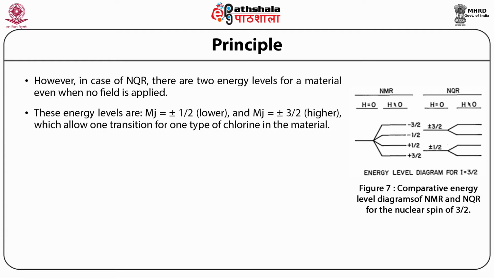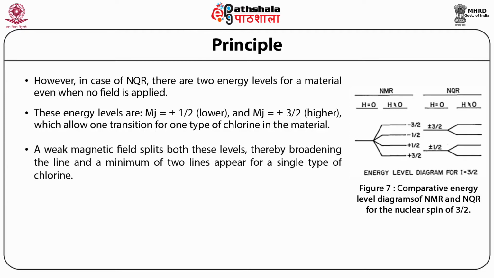These energy levels are m_I equal to plus minus 1/2, the lower one, and m_I equal to plus minus 3/2, the higher one, which allow one transition from one type of chlorine in the material. A weak magnetic field splits both these levels, thereby broadening the line, and a minimum of two lines appear for a single type of chlorine.